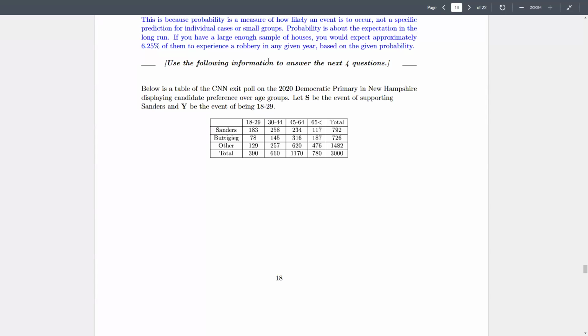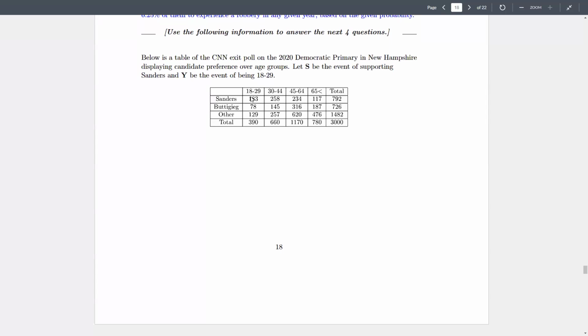S is the event of supporting Sanders, and Y is the event of being in the age range of 18 to 29. You have this table, and each entry gives you different people who support different candidates. 183 people who are age 18 to 29 support Sanders, 78 support Buttigieg, and 129 support other, and so on. So this gives you the count of people that support different candidates and also the age group they belong to. This data set is clear, right?